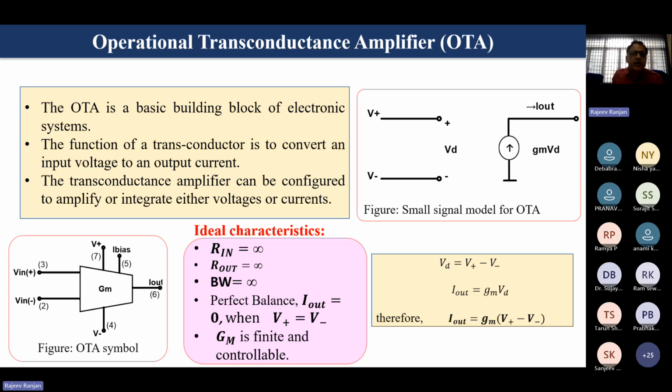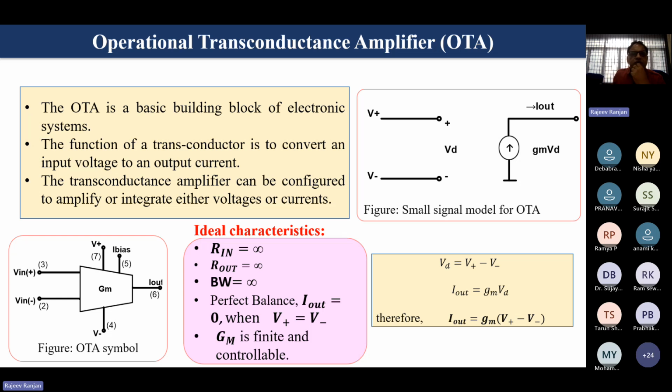Here the input voltages are V plus and V minus, or VP and VN, and I out is the output current. I out is expressed by gm times VD, where VD equals VP minus VN, the difference voltage. A transconductance amplifier can be configured to amplify or integrate either voltage or current.